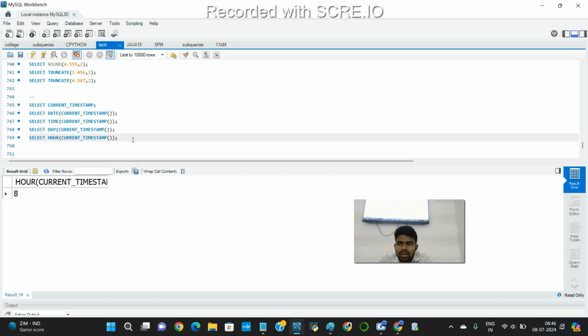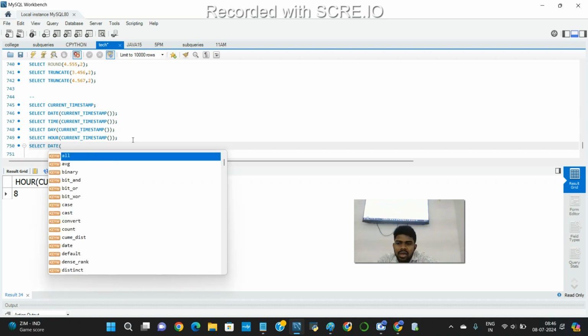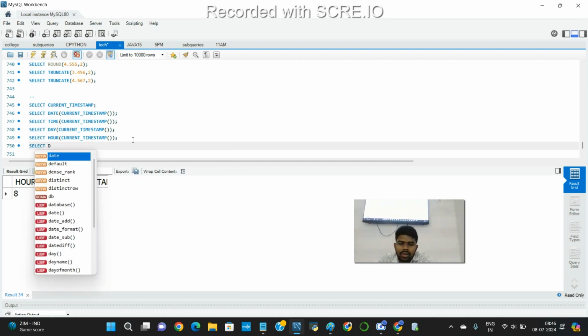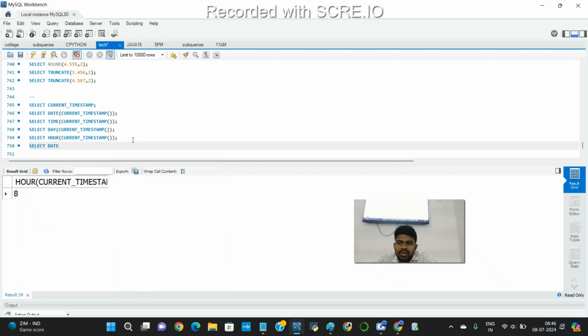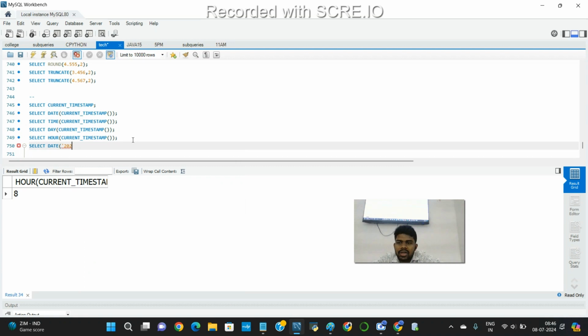You can also give custom cases. For example, I want to select the date in this year, date and time format. For example, 2023, ninth month, ninth date, and respective 12:49.